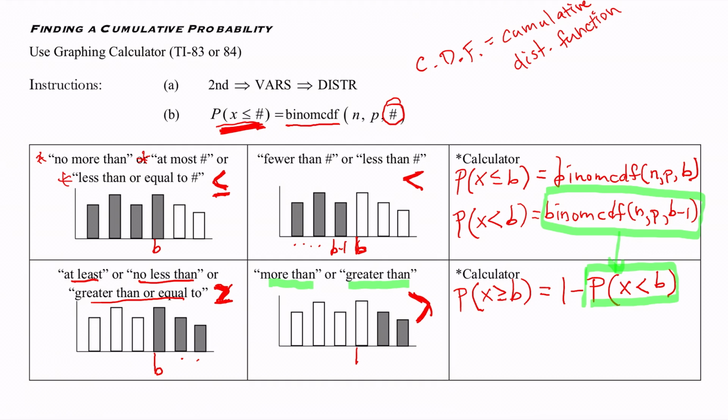B would be here, and this would be everything bigger than B. One useful way to think of this is as the complement of the probability that x is less than or equal to B, and there we just use the binom CDF of the other case.